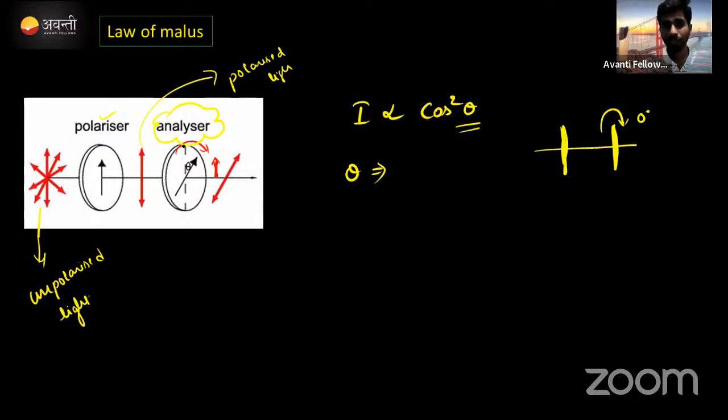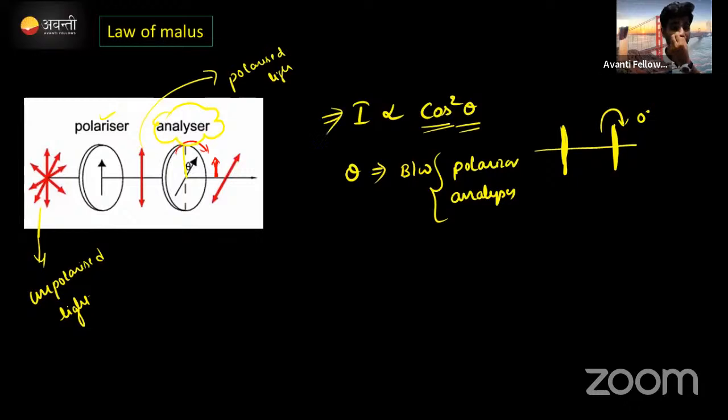We need to take the angle between polarizer and analyzer along with the cos function. It gives the value of the intensity of light. This is a direct formula, no worries. You need to find out how much the intensity of light is after the analyzer. It depends upon how much angle you rotate the analyzer.